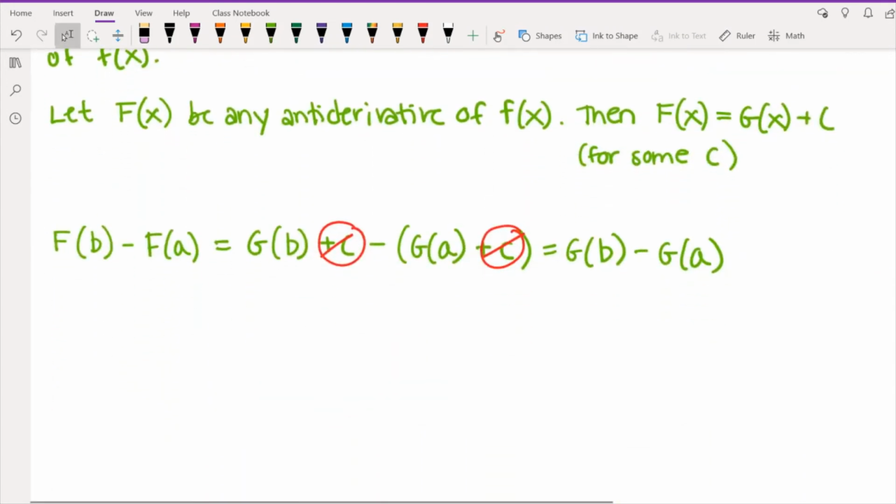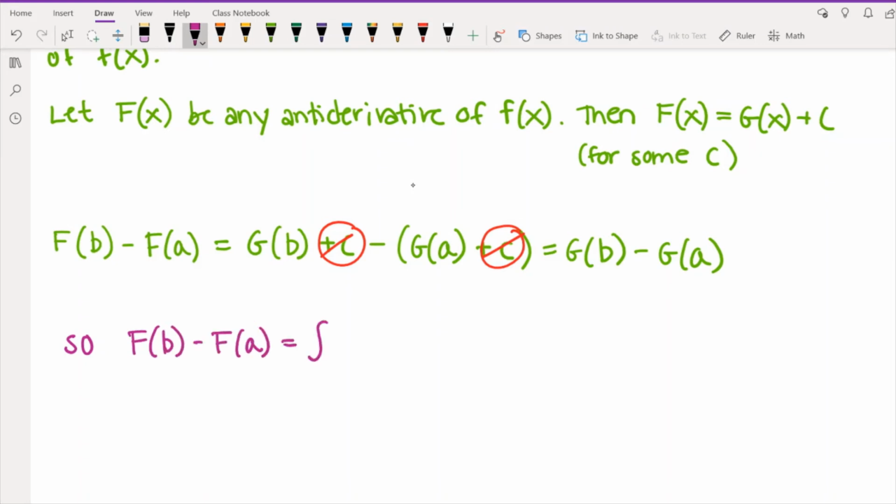So now we can conclude, and this is our last statement here, that capital F of b minus capital F of a is equal to the integral from a to b of f of x dx. And that is what we wanted to show, right? That is the fundamental theorem of calculus part 2.